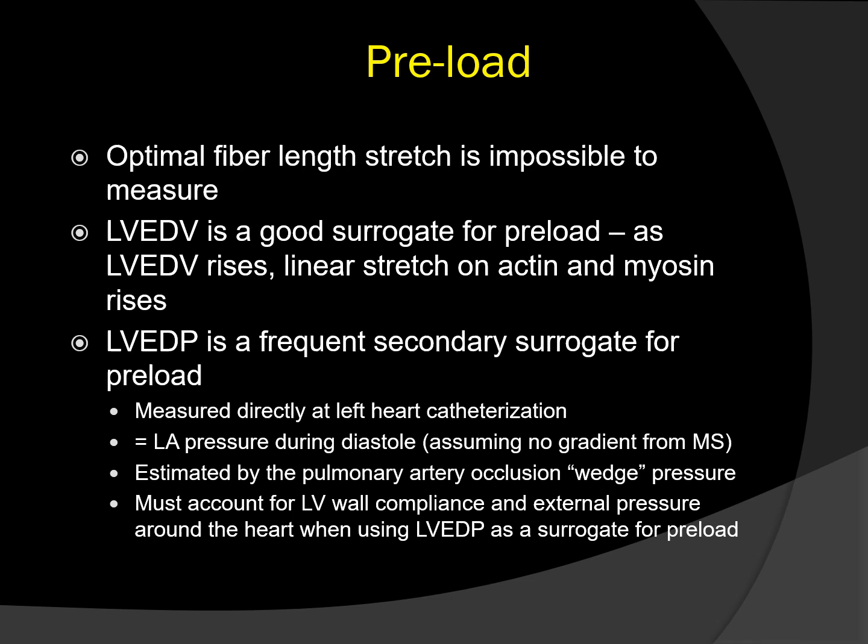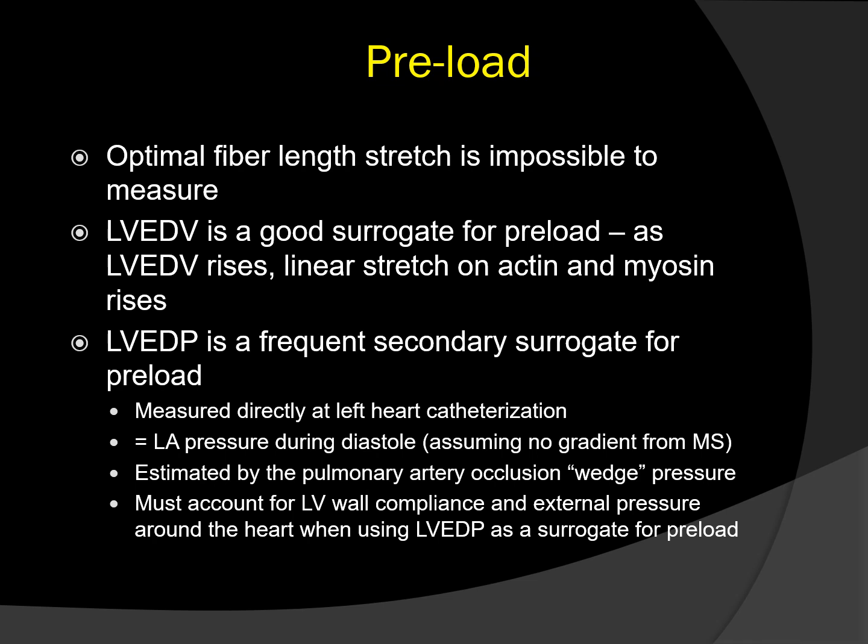We can also indirectly estimate the LA pressure and LV-EDP through a right heart catheterization during a pulmonary artery occlusion measurement, where the LA and LV-ED pressures equilibrate with the pressure in the pulmonary artery after occlusion.